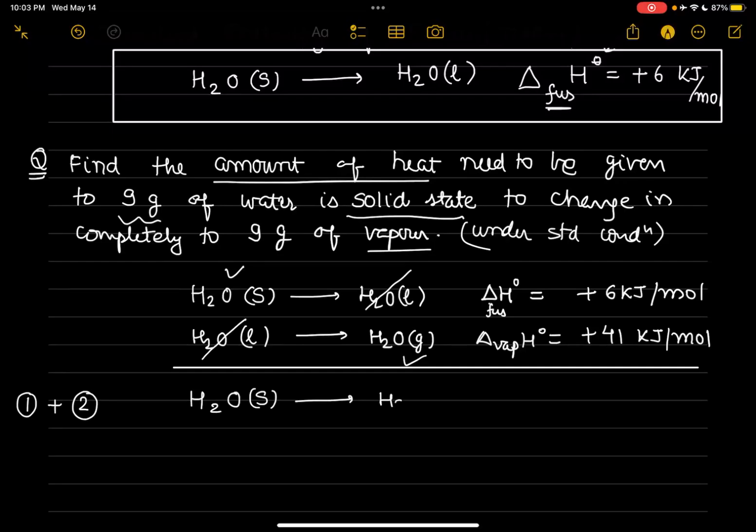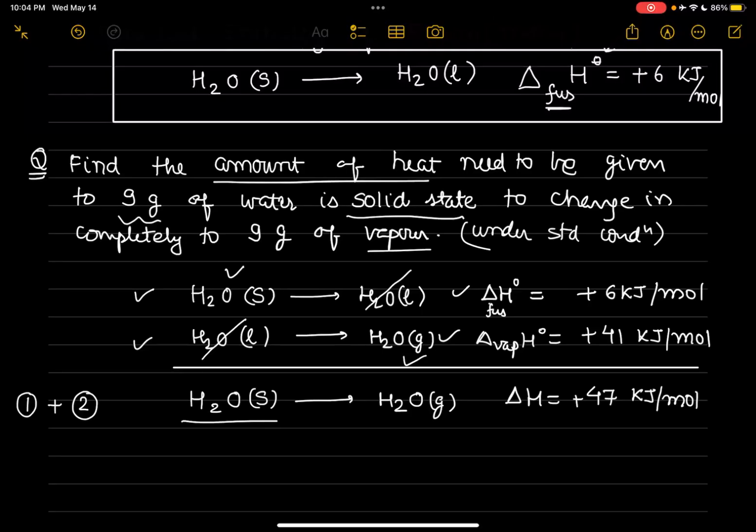These thermochemical equations behave like mathematical equations, but whatever you are doing with these two equations, you should do the same thing for these two. The delta H is going to be equal to 6 plus 41 because I have added these two equations. So it is going to be 47 kilojoules per mole.